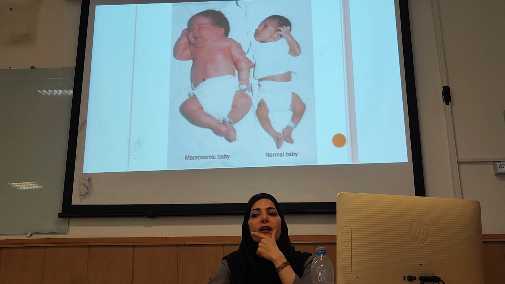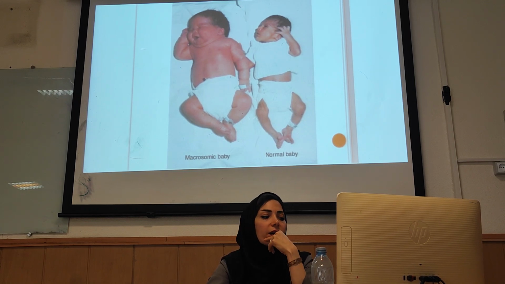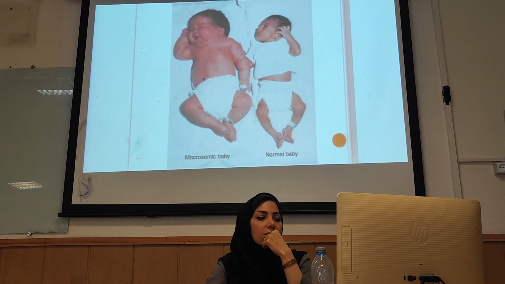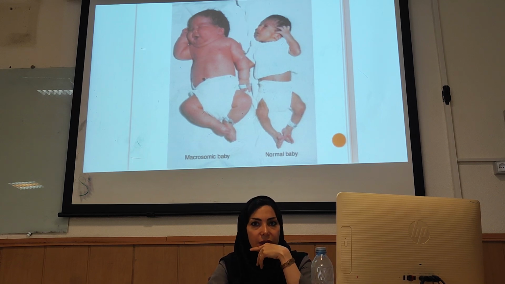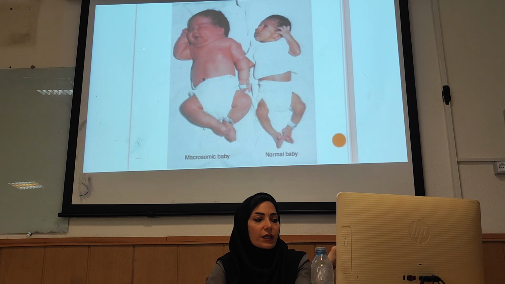Macrosomia means birth of a fetus with more than 4 kilogram weight. We see such a baby born from a diabetic mother. A diabetic mother can lead to the presence of such babies, macrosomic babies, who have more than 4 kilogram weight at birth.